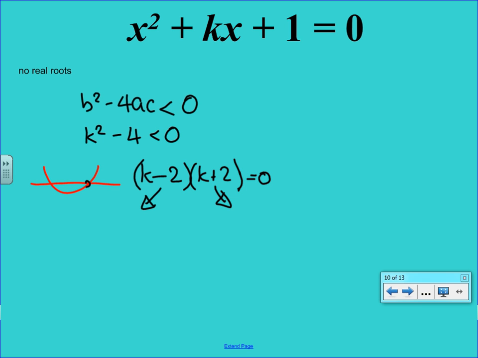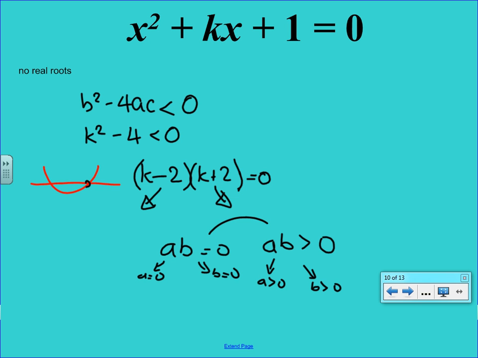Because if you say A times B is 0, then either A is 0 or B is 0. Agree? If you say A times B is positive, can you say, in that case, A is positive or B is positive? No, they both have to be positive or they both have to be negative. So that kind of argument doesn't go in that direction.